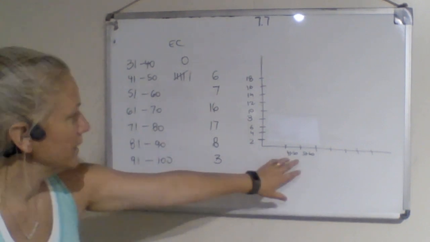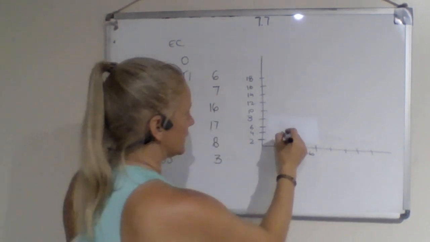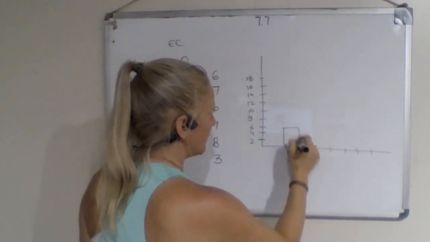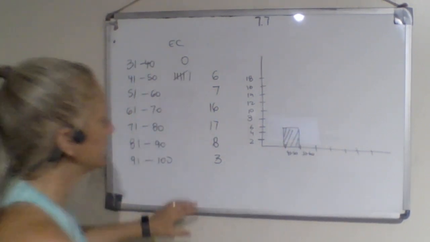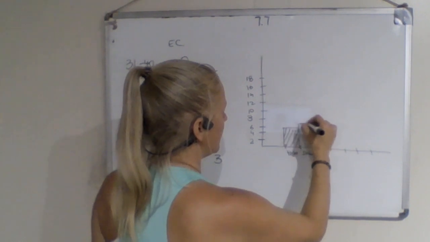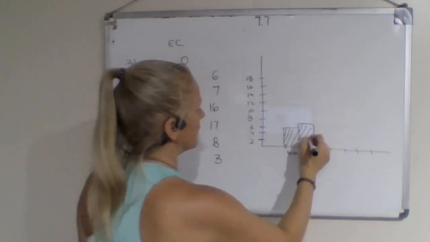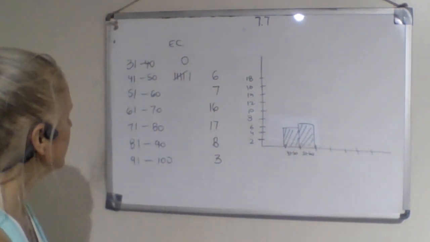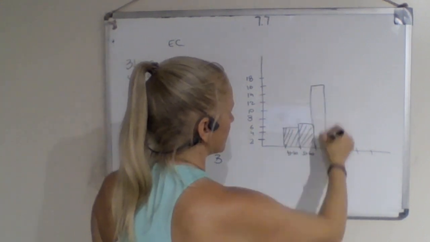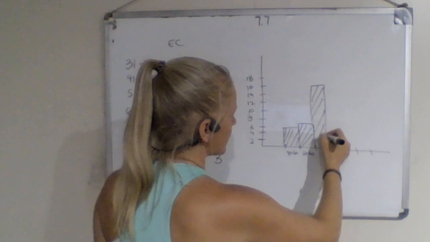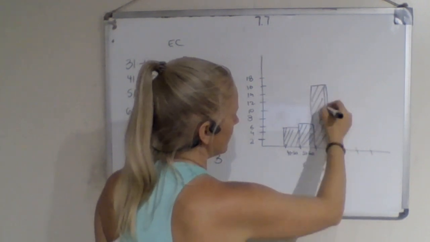And now I'm going to go, how many did I have in here? I had 6. So this is a block that goes all the way to 6. In between 51 and 60, I had 7. So it's going to go a little bit higher, right? In between 61 and 70, I had 16. I have to go all the way up here. I really missed a good chunk of it.